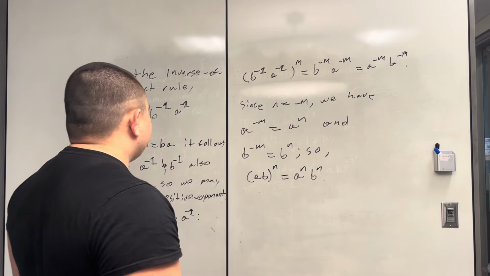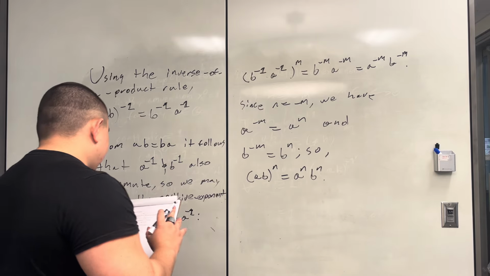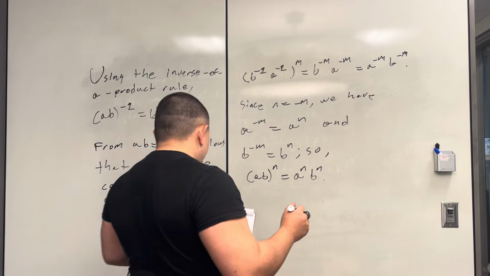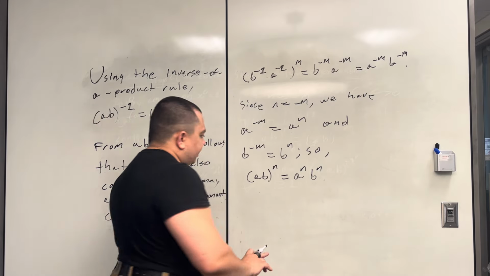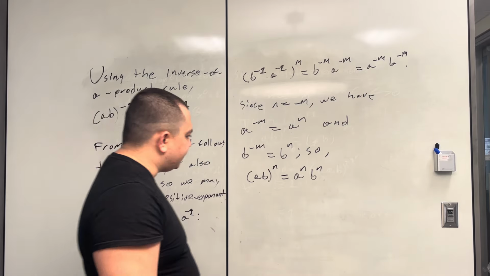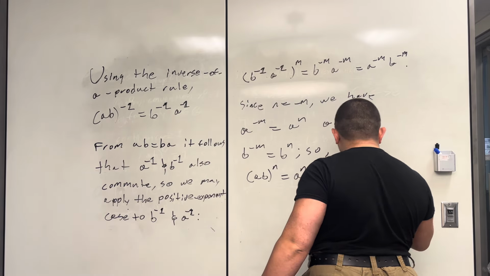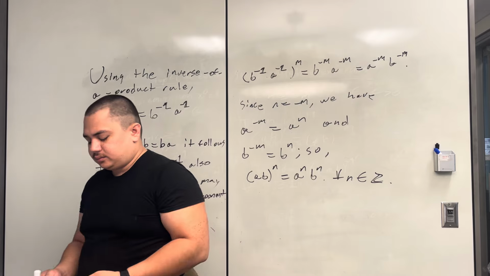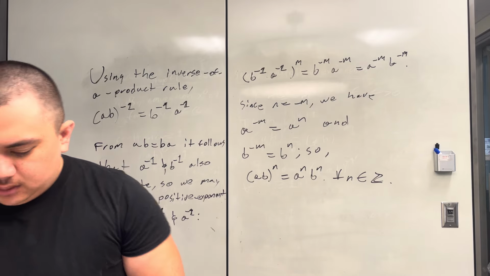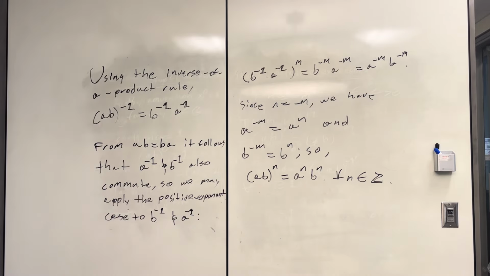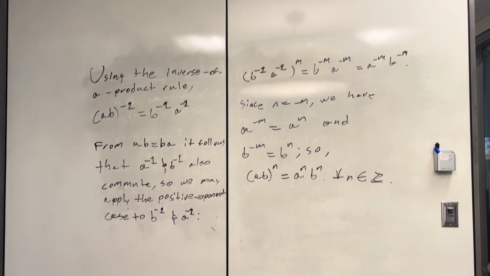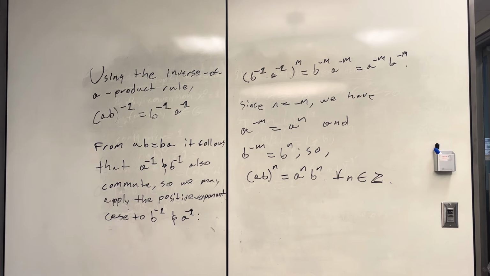Combining the three steps, (AB) to the n is equal to A to the n times B to the n, and this is for all n within the integers. Hopefully didn't miss anything. Don't like missing things.